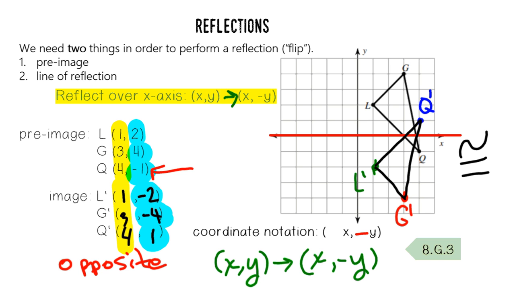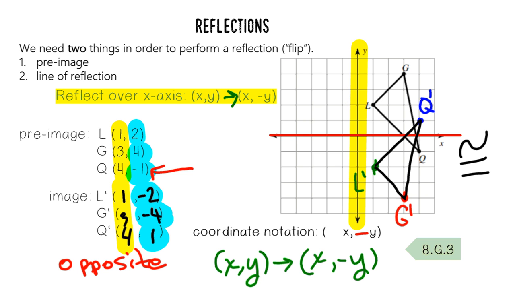And really quickly, let's talk about why that happened. Here's my pre-image. Here's my image. How did it move? It moved in a vertical direction. It moved in an up-down direction. And which letter controls up-down movement?